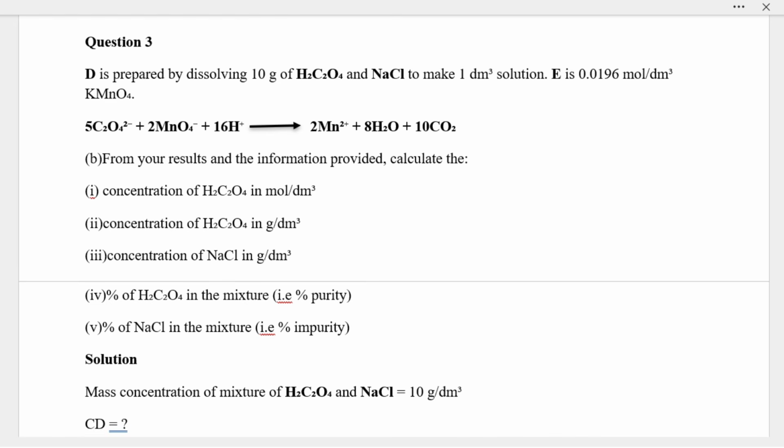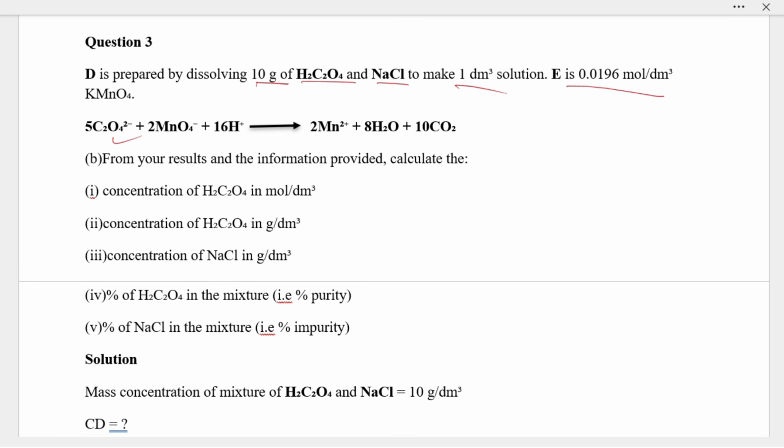D is prepared by dissolving 10 grams of H2C2O4 and NaCl to 1 dm³, while E is this. So when we look at that, look at our balanced chemical equation.